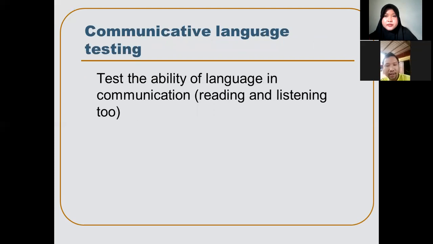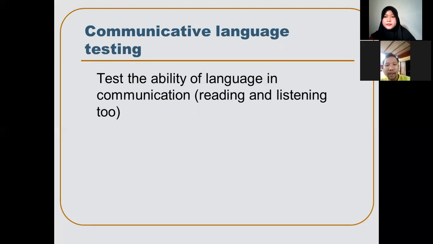I think this is the last slide. We have another type of test that we call communicative language testing, and we can understand it deeply by looking at the words communicative and language. So we apply the ability of using language in communication.